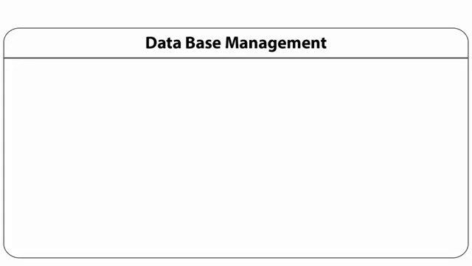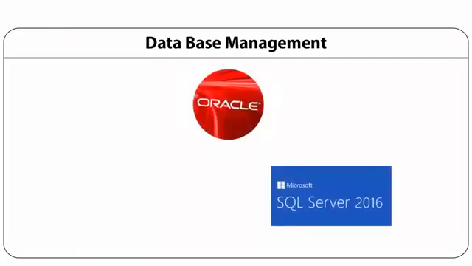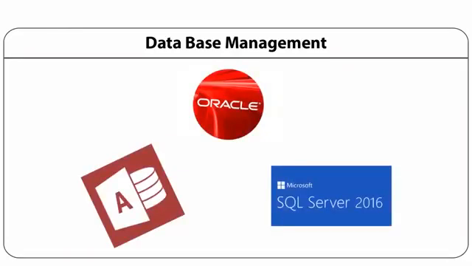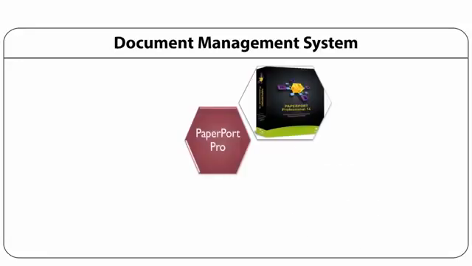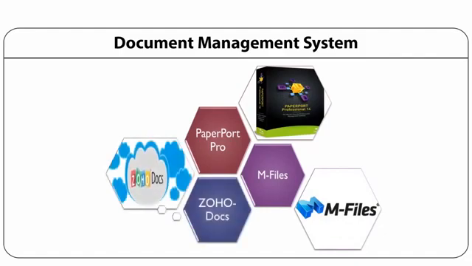The most commonly used DBMS are Oracle, SQL Server, Access, etc. All three are relational database management systems. The ninth one is document management systems. The most widely used are PaperPort Pro, M-Files, Zoho Docs, etc. Zoho Docs has cloud computing facilities.